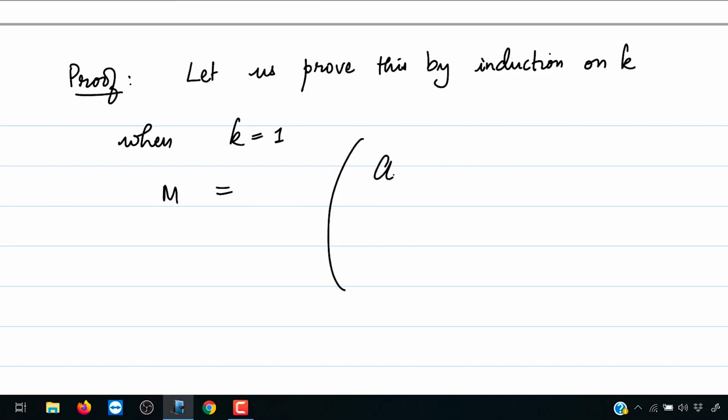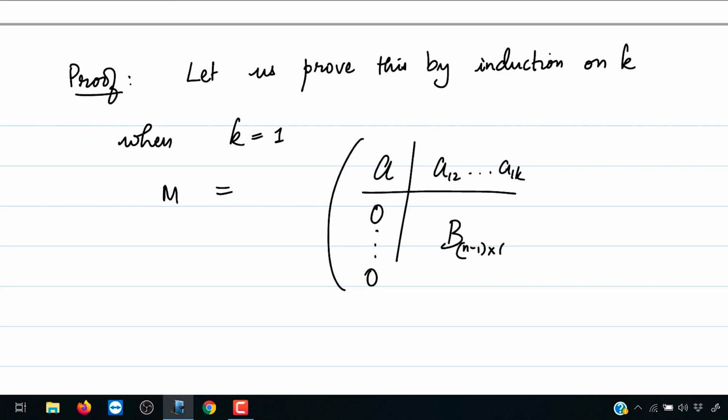There's an A which is some real entry, and there are A11 to A1k, this will be zeros, and there will be B here, which is n minus k, which is n minus 1 cross n minus 1.